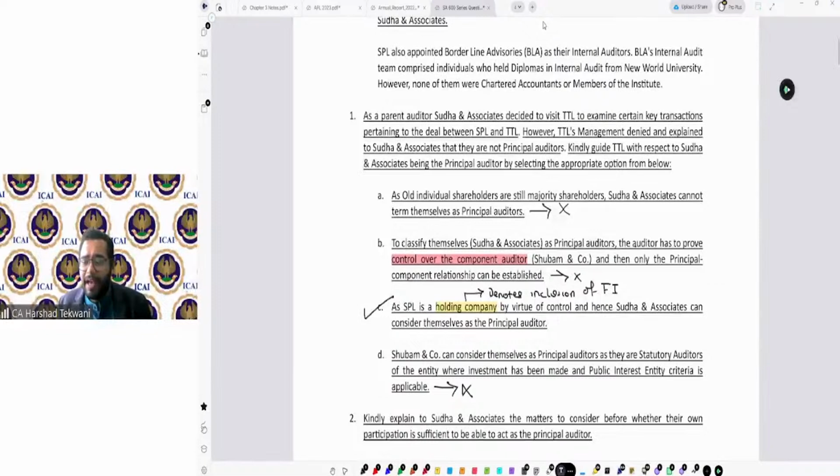Which matters did we discuss, guys, before accepting as a principal auditor? Come on, quickly. We discussed this one. Which are these matters? Matters to consider before deciding whether their own participation is sufficient to act as a principal auditor.